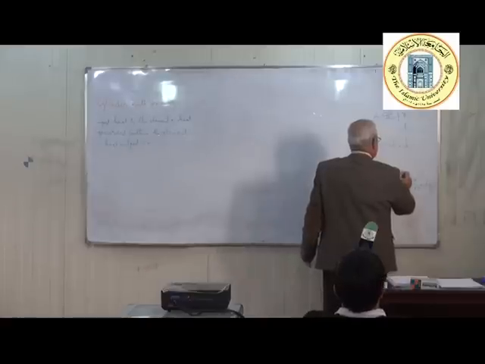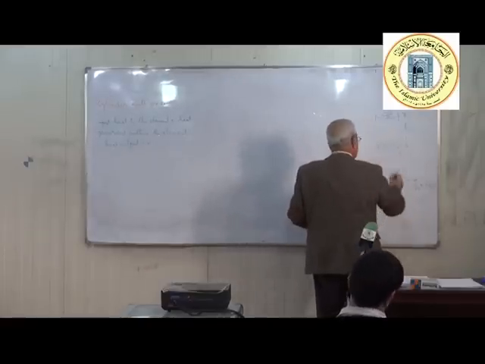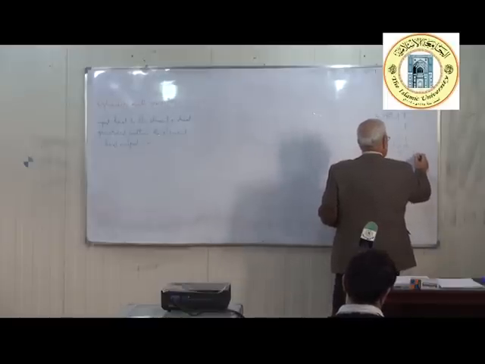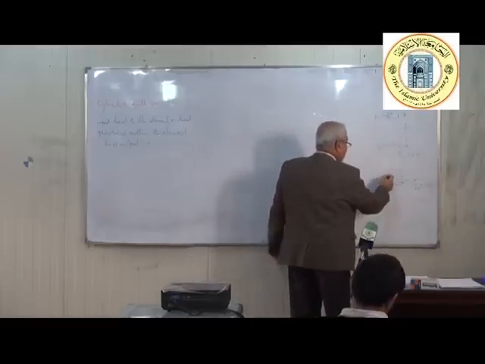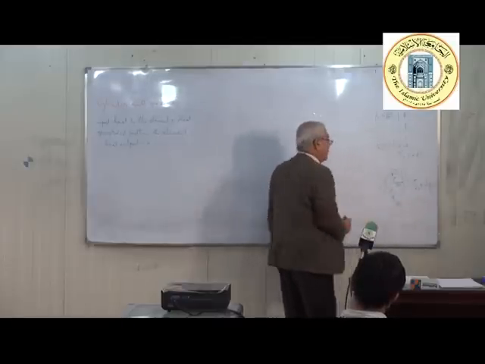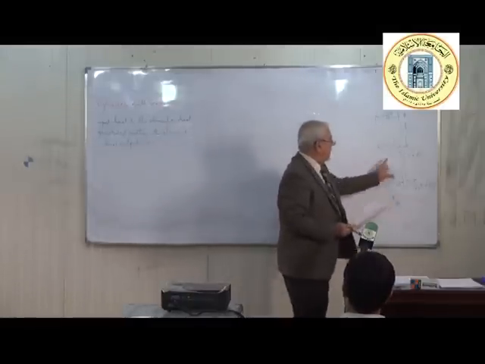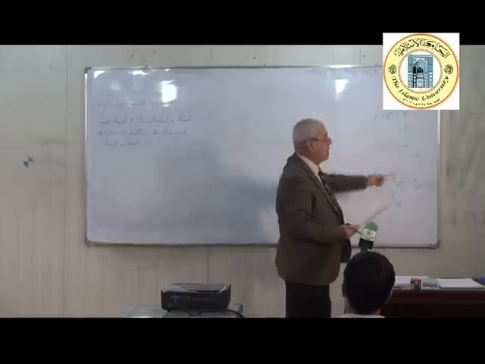Temperature distribution will be T and T plus dT. Thickness of this element strip will be dr. This element strip is within the wall of the hollow cylinder.